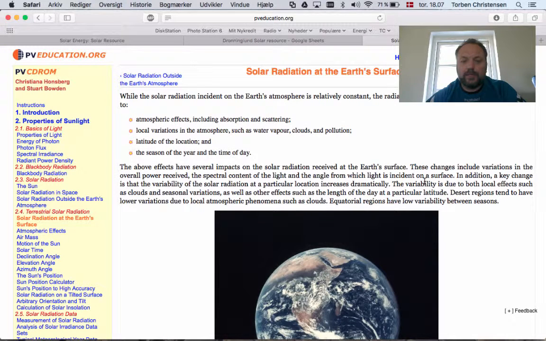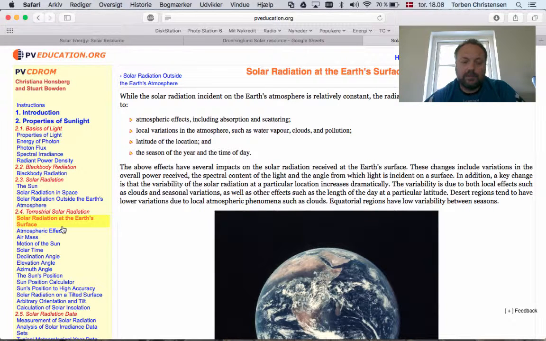To calculate that, you can either look at the PowerPoint, or you can look here in PV-CD-ROM in chapter 2, properties of sunlight, specifically 2.4, terrestrial solar radiation.